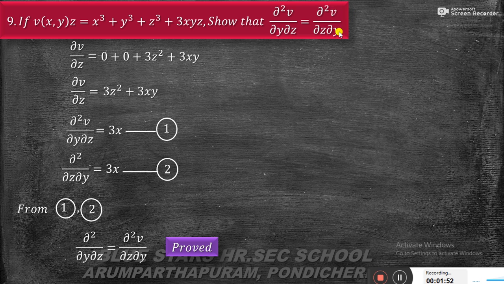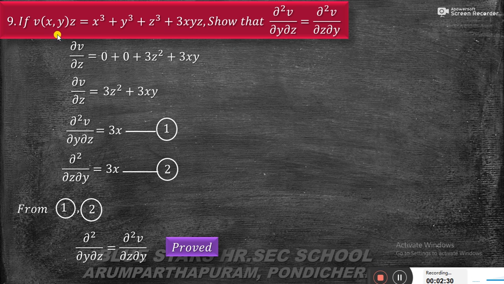Next we calculate dou square v by dou z dou y. First I calculate dou v by dou y, with the similar process, differentiating only the y terms. Dou v by dou y equals 3y square plus, the first and third terms are 0, and the last term is 3x into z, since the derivative of y is 1.